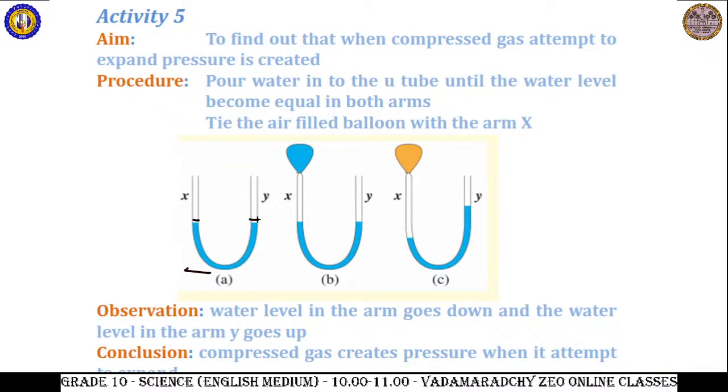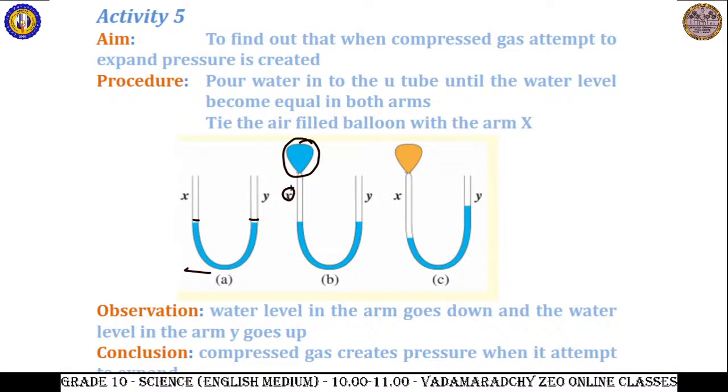Thereafter, we take a balloon, fill it with air, and tie this air-filled balloon to arm X. Now we are going to observe what will happen.